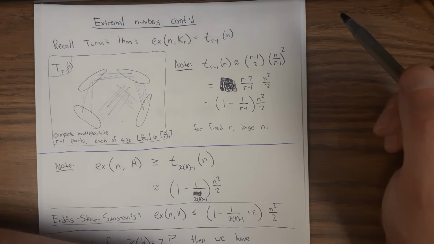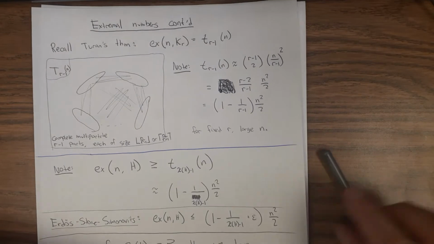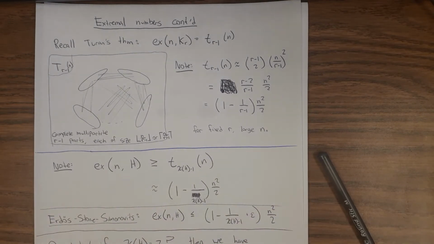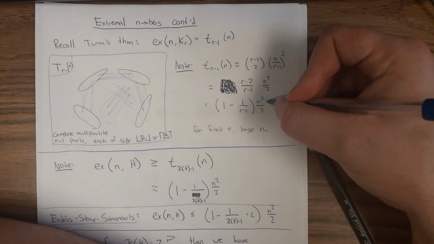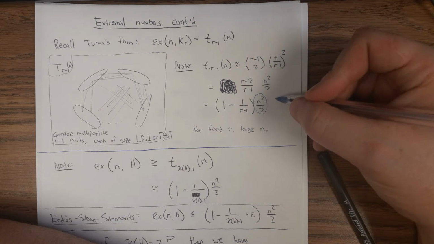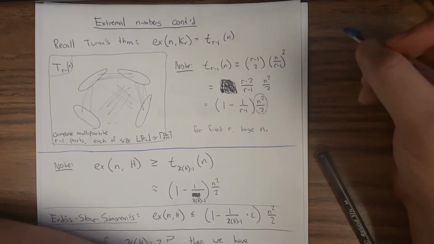And this last expression, we like this because, again, for large values of n, this is basically n choose 2. N choose 2 is n times (n minus 1) over 2, but for large values of n, that's basically n squared over 2.